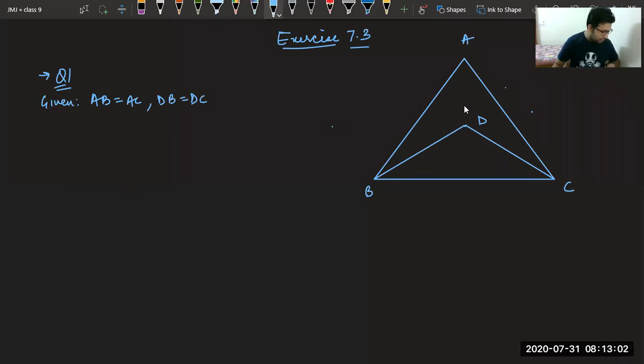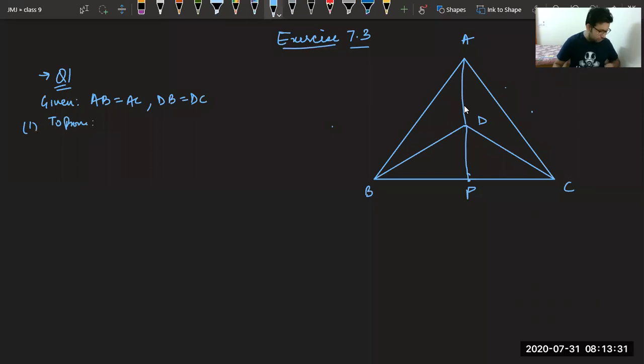If AD is extended to intersect BC, it is intersecting, not bisecting. Please don't take it as bisecting. So if AD is intersecting BC at P, show that, the first part to prove.